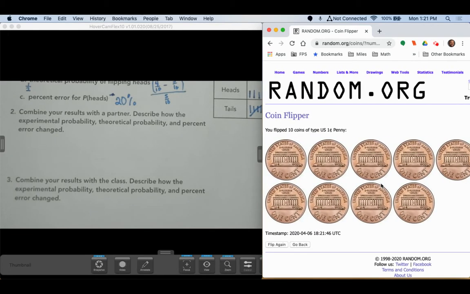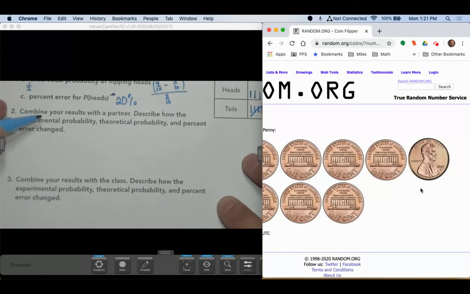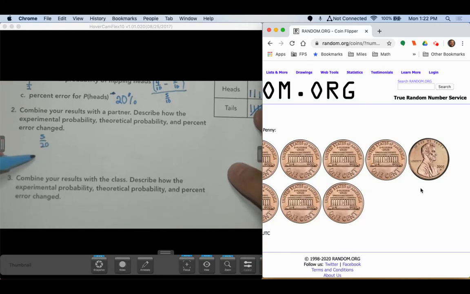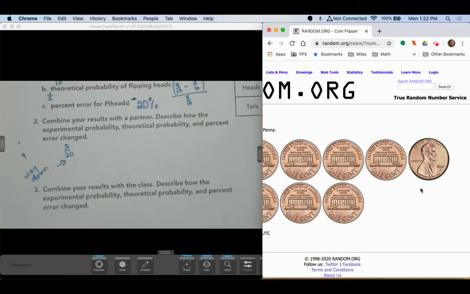Oh, that's cool. All right. And so 1, 2, 3, 4, 5, 6, 7, 8, 9 tails. I've never seen that before. So my partner had 9 tails and 1 head, and I had 4. So it would be 5 out of 20. So it went way down with another group there.